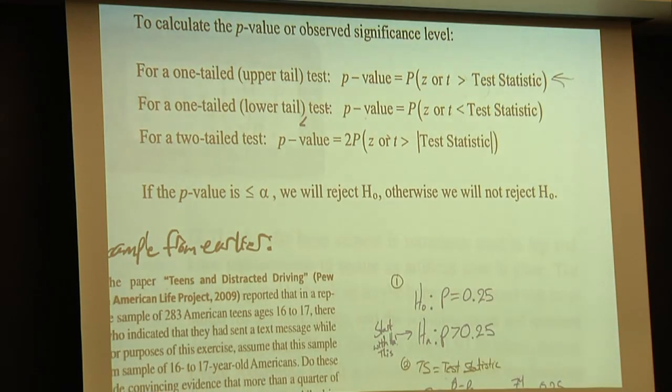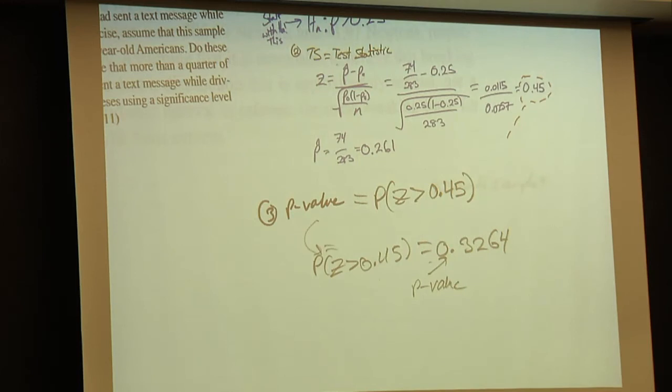If that is not a true statement, we don't reject H0. So what's common is big p-values you don't reject, because alpha is usually tiny, right? If you have a big p-value, you're bigger than alpha, you're not going to reject H0. If you have a tiny p-value, say 0.001, you're probably going to be rejecting, because alpha is usually between 0.01 and 0.1. Okay? So in this case, our p-value was 0.3264.